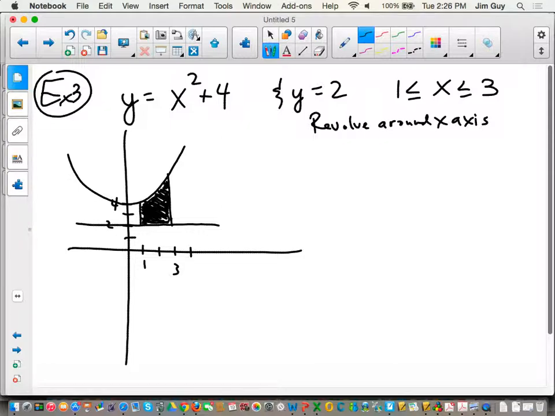And the directions say to revolve around the x-axis. So this one would have like a hole in the middle. Yeah, it does have a hole, doesn't it? You'd be shaping a donut.